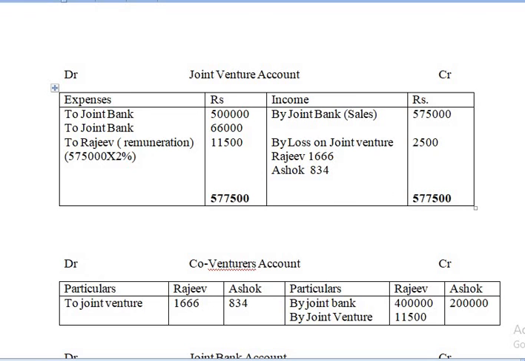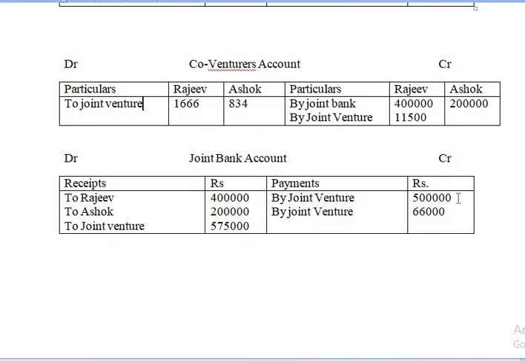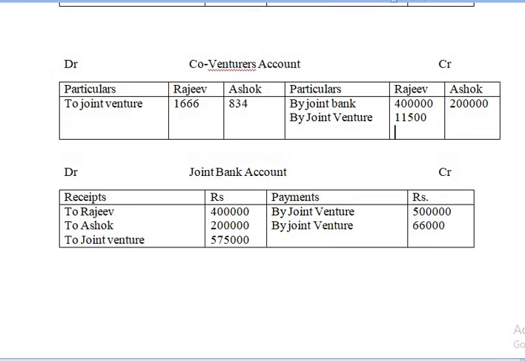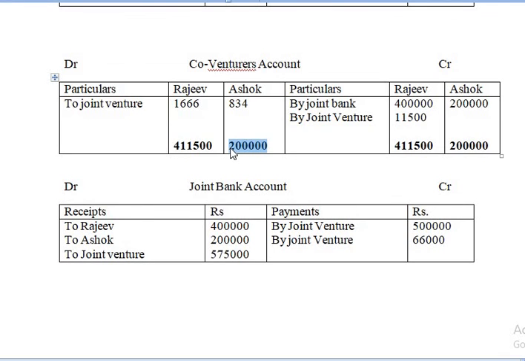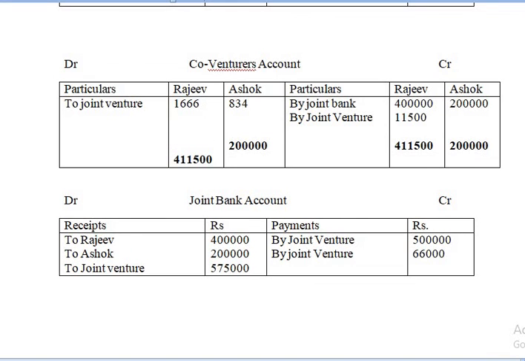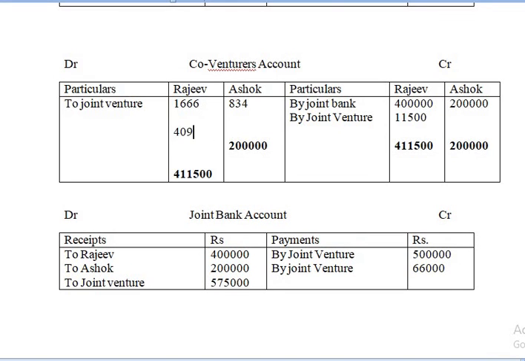Now make balance of the co-venture account. So the credit side is more than the debit side. So make total. The co-venture account is balanced for 4,11,500 for Rajiv and 2 lakh for Ashok. A balancing figure on the debit side for Rajiv 4,09,834 and for Ashok 2 lakh minus 834, 1,99,166.